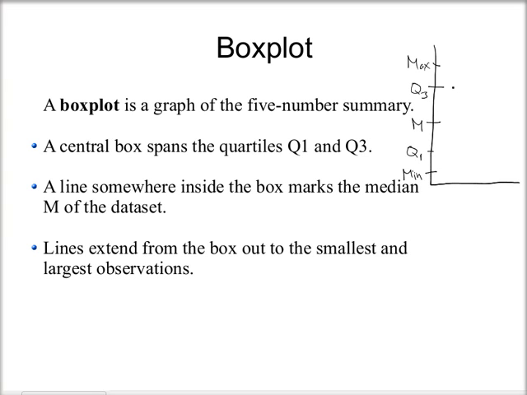First I draw a box that goes from Q1 up to Q3. So that will look something like this. Next, I draw a line where the median is through the middle of the box. And finally, I draw lines going out to my maximum at the top and then to my minimum at the bottom. So that will be what a box plot will look like.